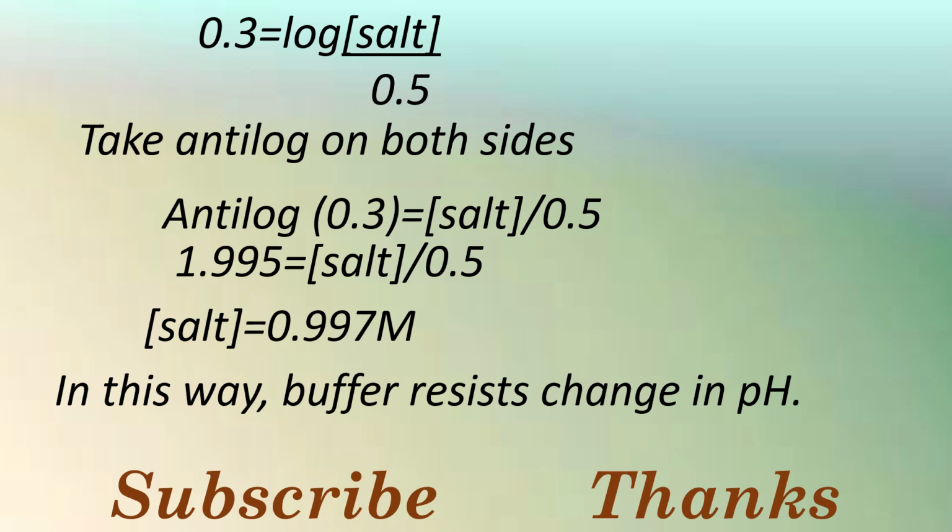Now 0.3 is equal to log salt over 0.5. Now we will take anti-log on both sides. Anti-log 0.3 is equal to, anti-log is cancelled by log, salt concentration divided by 0.5. After taking anti-log of 0.3, it becomes 1.995, and this is equal to salt concentration divided by 0.5.